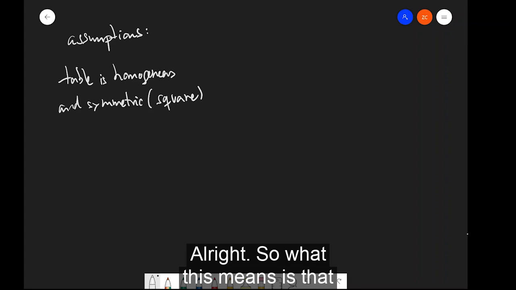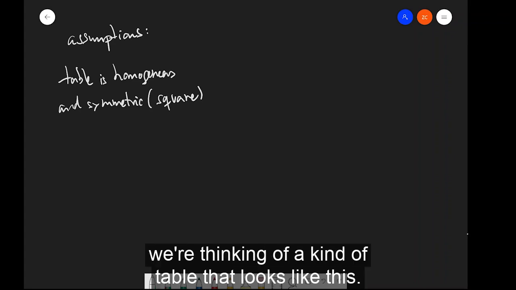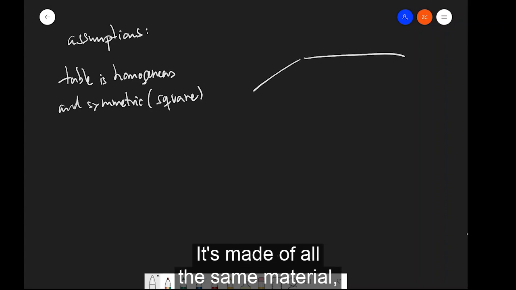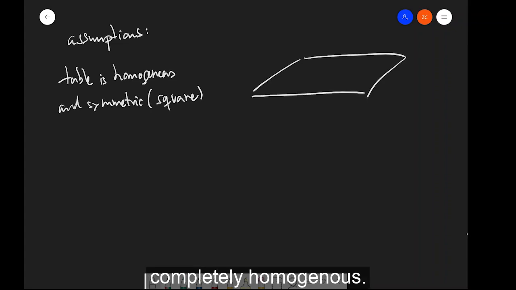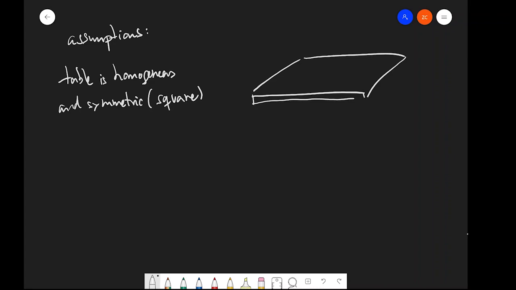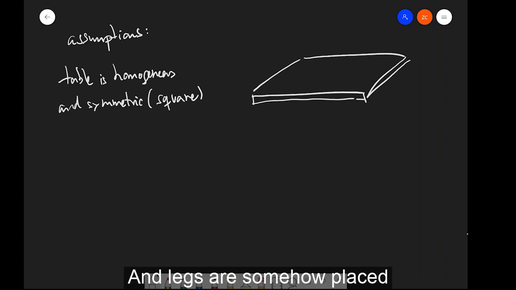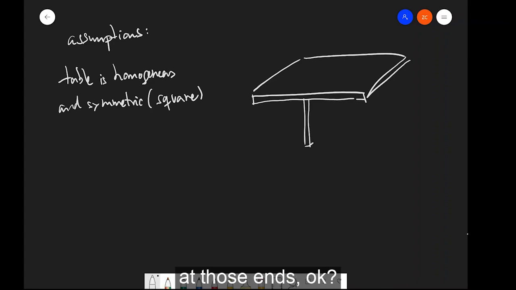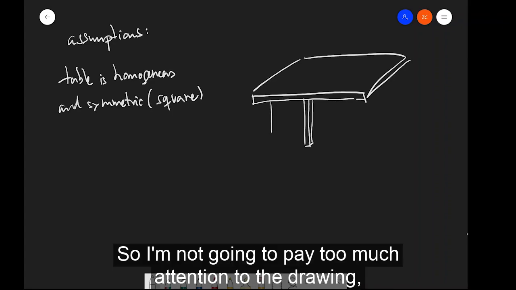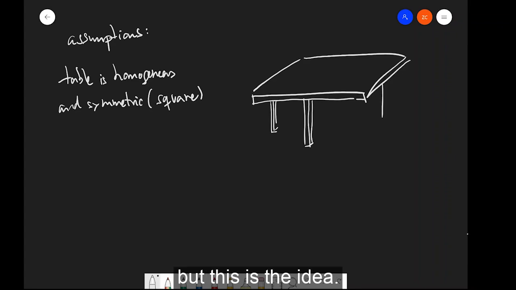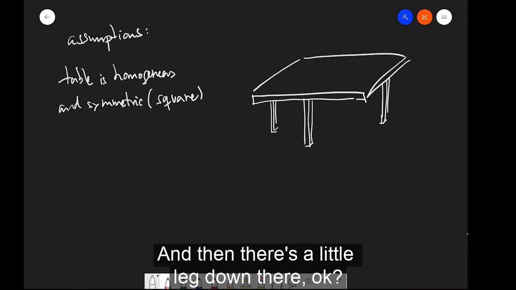All right, so what this means is that we are thinking of a kind of table that looks like this. It's made of all the same material, completely homogeneous, and the legs are somehow placed at those ends. Okay, so I'm not going to pay too much attention to the drawing, but this is the idea. And then there'll be a little leg down there.